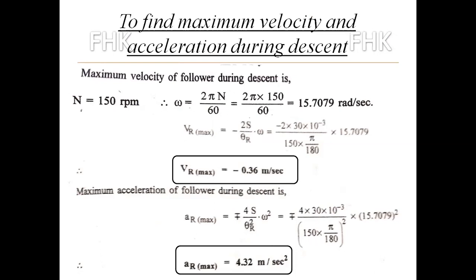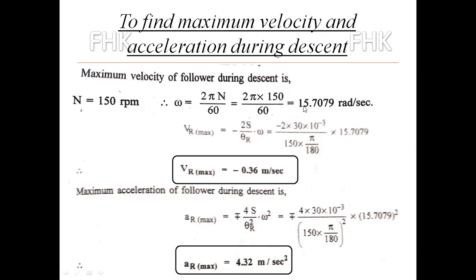If you remember the formula from that table, I will share the link of that table. Minus 2 into s, where s is given as 30 mm, so you have to convert it into meters: 30 into 10 to the power minus 3, or 0.03, multiplied by omega.